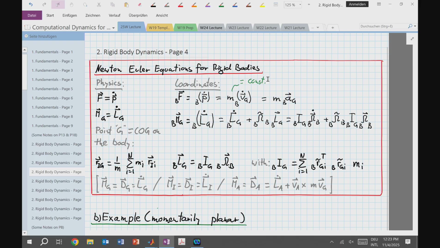If I have an object and I rotate it, its inertial properties change. In this configuration, the mass is oriented along this axis. If I rotate a bit, the mass is now oriented in this direction. So our inertia matrix in body-fixed coordinates is constant. But if I look at it from inertial coordinates, if at every point in time I computed my inertia matrix in world coordinates, I would see that the inertia changes.